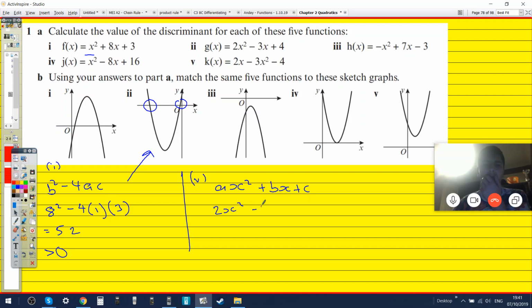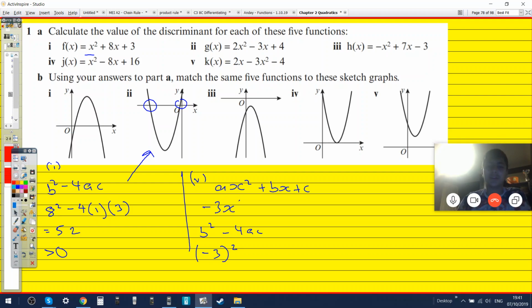So will it be minus? So what number is b? Minus 3. Yeah. No, sorry, I'm confused. So I thought that because it's minus 3x squared. Ah, you're right. I wrote it down wrong. Sorry.